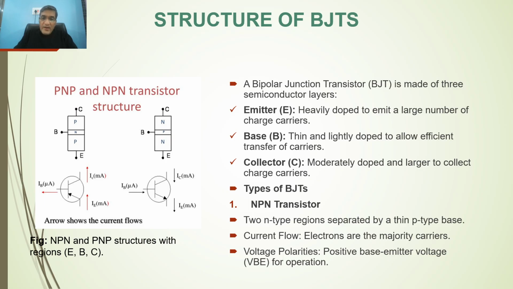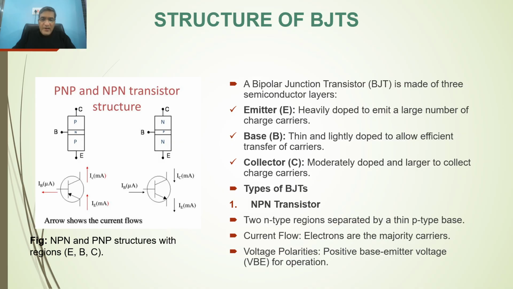If we make the semiconductor lightly doped, then it has fewer charge carriers compared to the heavily doped semiconductor. The last one is the collector, moderately doped, not too heavy and not too low. So the doping is moderate and the region is large, to collect the charge carrier.